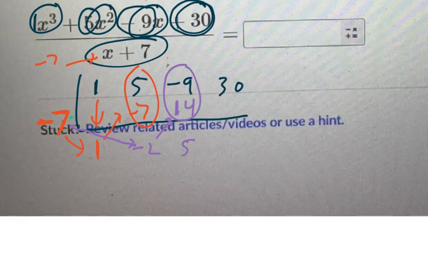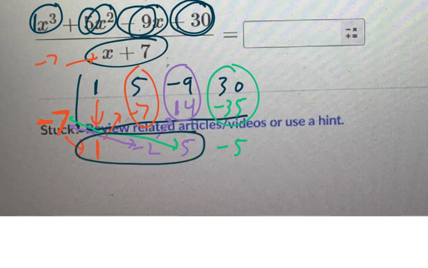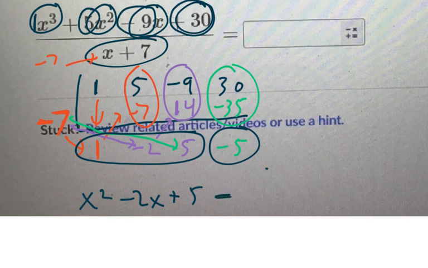One more time, we're going to take -7, times it with our 5 there, we get -35. What's 30 minus 35? -5. So what's my final answer? We're going to take this right here, and we're going to say x^2 minus 2x plus 5. This right here is my remainder, -5 over, what did we divide by?